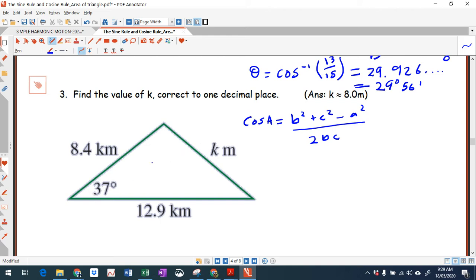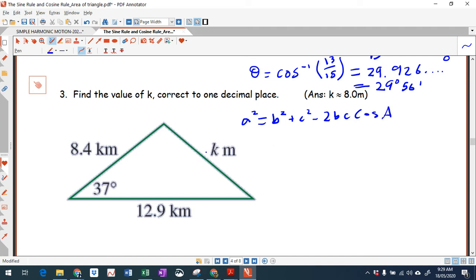Actually, no, that's the wrong formula, isn't it? I just realised we're finding a side here, not an angle. So it should be a squared equals b squared plus c squared minus 2bc cos A.